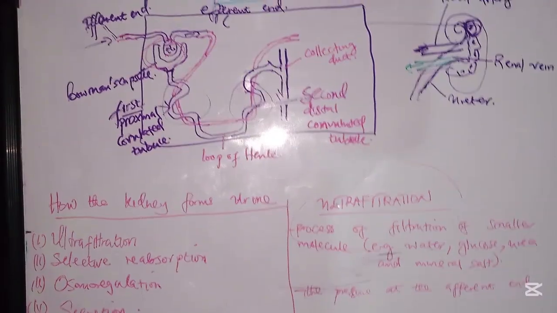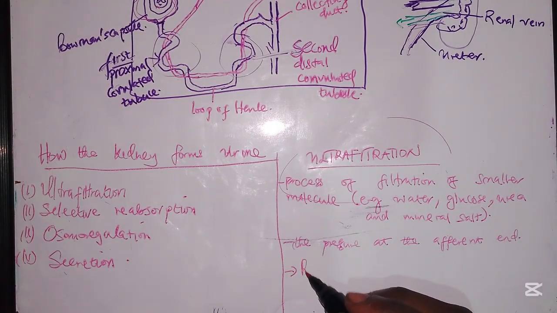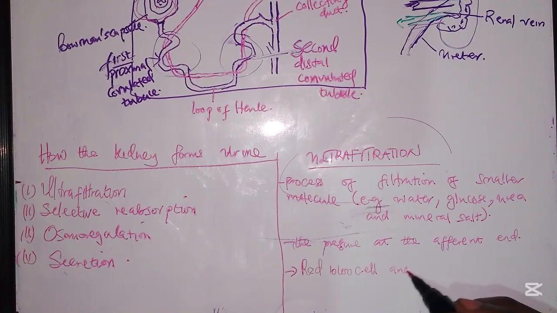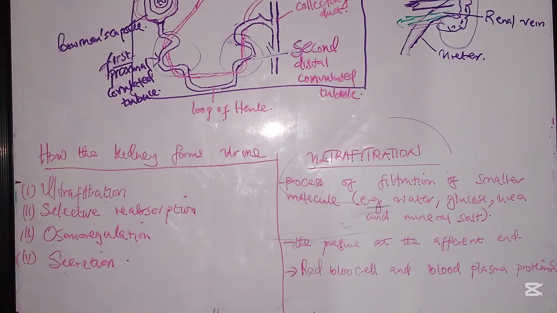So now in our case, what are the molecules which do not cross the filtration in the Bowman's capsule? So we have two molecules which do not cross, and these molecules are red blood cells and blood plasma proteins. So these are the two things which remain on the filter because they are too big to do what?